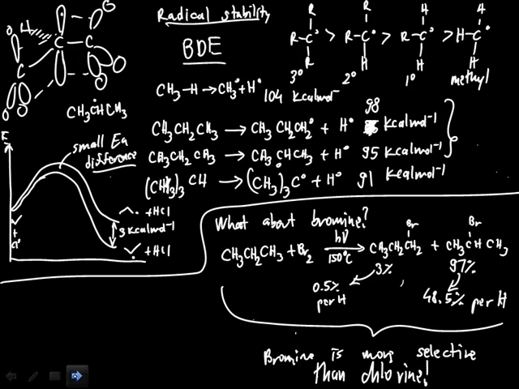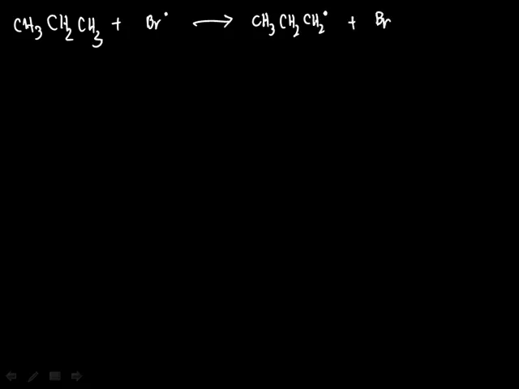And so if you look at the energetics of bromine interaction with an alkane, here it is. This is our propane reacting with bromine. In our first step, we can get the primary radical, that's plus HBr, or we can get our secondary radical, plus HBr.